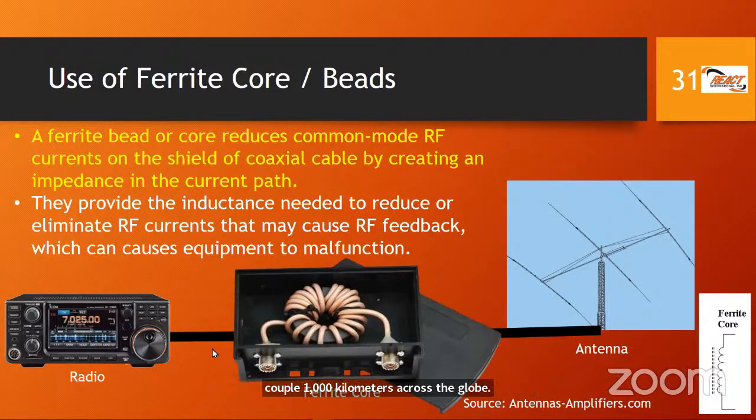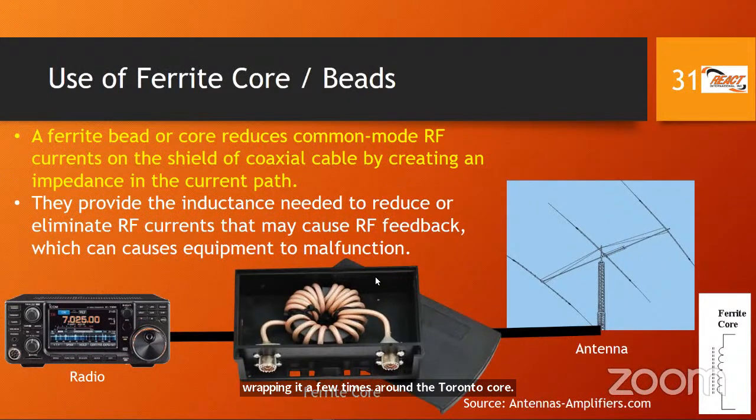But sometimes you can have a current that's created, what you call common mode RF current, that could put current in your shack. You don't want that. You want to be protected against that sort of thing. So what you can create is sometimes called a balun, or a matching transformer, but it's really taking the coax and wrapping it a few times around the toroidal core.